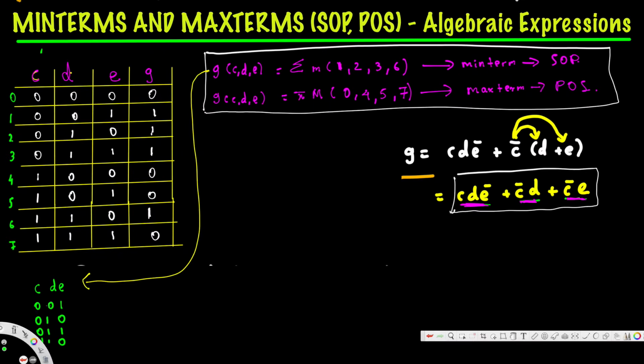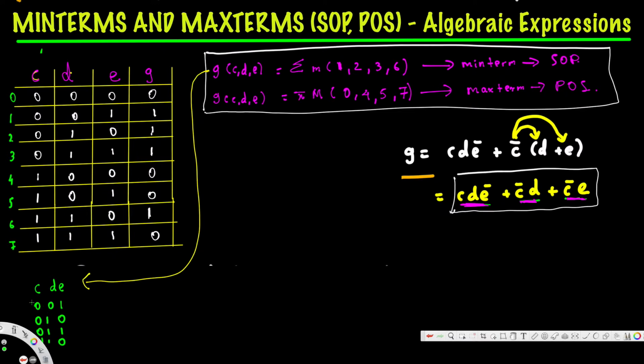So you have to see what multiplication will give us 1. And when you talk about maxterm, you have to think about the OR gate. When you sum something, what will give us 0? You have to look at it that way. But here, since we are dealing with minterm, we look at the AND gate, which means what multiplication gives us 1.